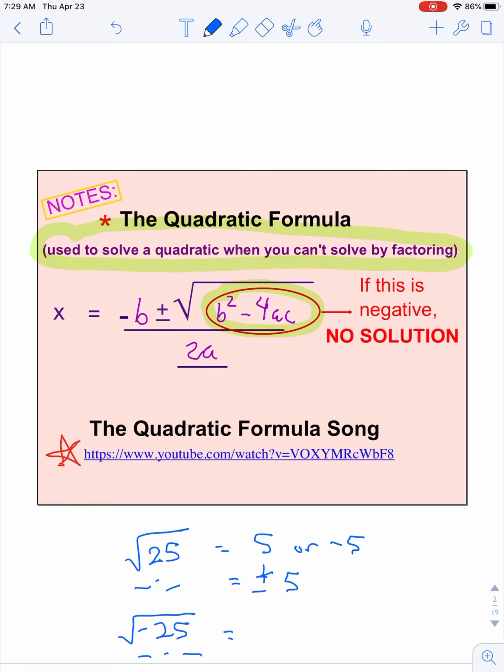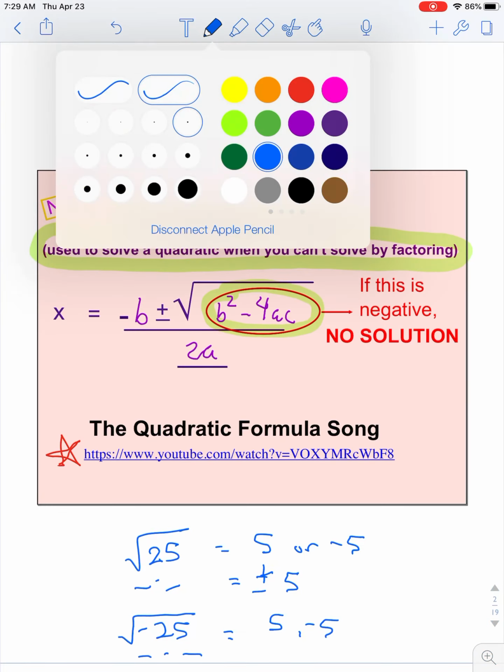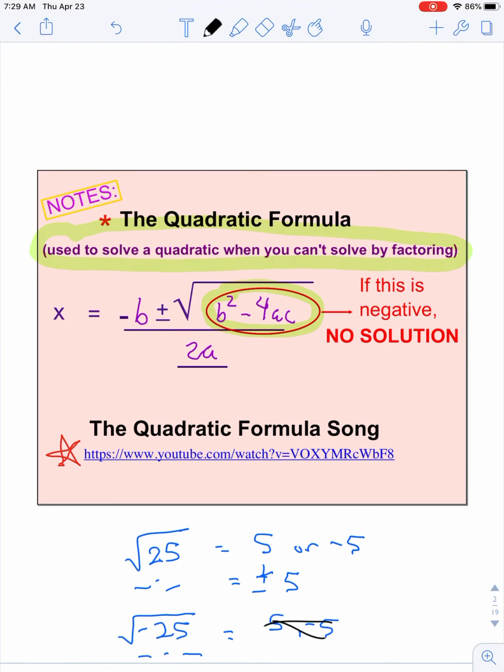Either you get 5 times 5, which is 25, which isn't negative, or 5 and negative 5, which does multiply to negative 25, but it's not the same number. So it doesn't work. You can't take the square root of a negative number until you get to the imaginary number system, which will come up in Algebra 2.